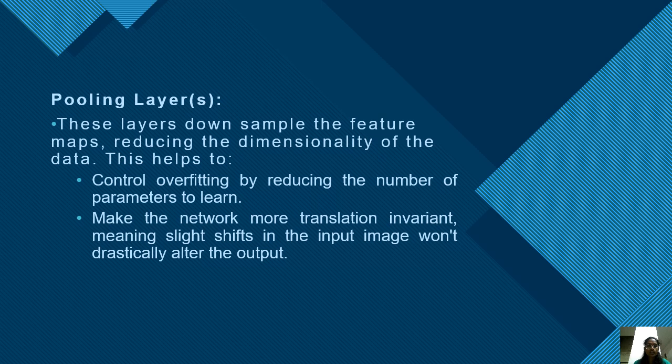Then the third layer is the pooling layer. This layer downsamples the feature maps.